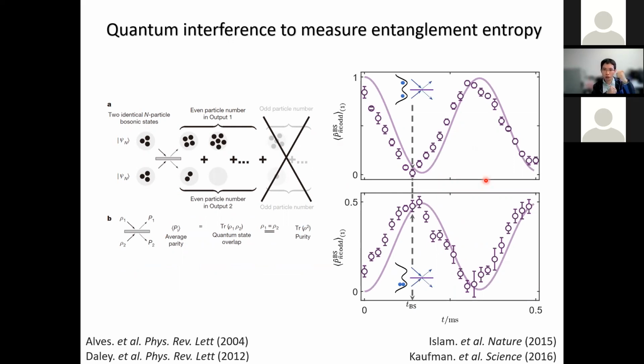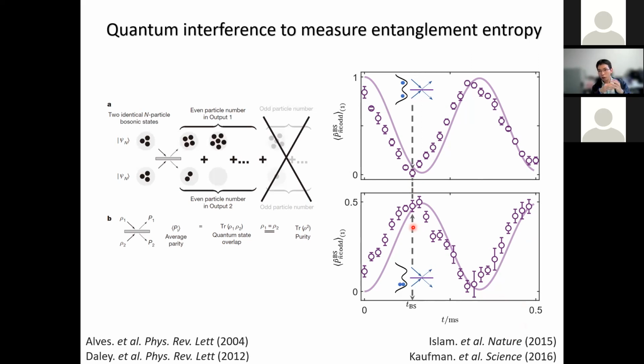If you have two identical bosons coming into the interference, then what you get at the outcome is even parity. However, if you have two different Fock states coming in, then you get a 50% chance to have odd parity, and this just directly gives you the state overlap between these quantum states.